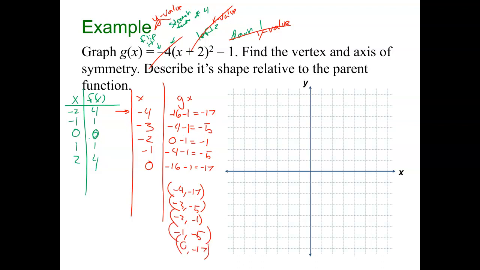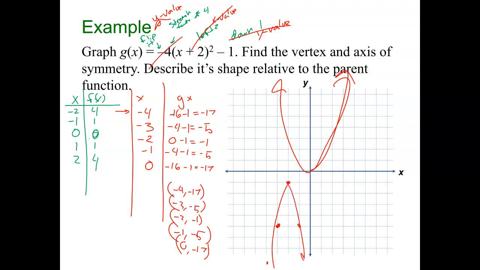So it's going to take my parent function, which started here, and make it narrower. It's going to flip it upside down. It's going to move it left, and it's going to move it down. Let's see if that ended up right. So -4, -17, way down there. -3, -5. -2, -1. -1, -5, and then another point way down there.